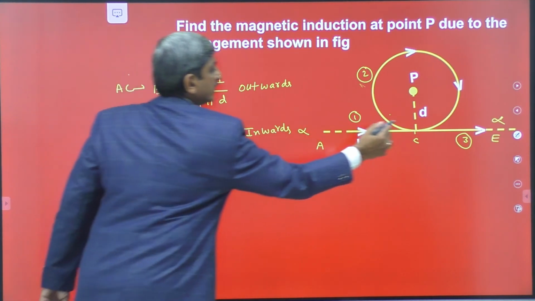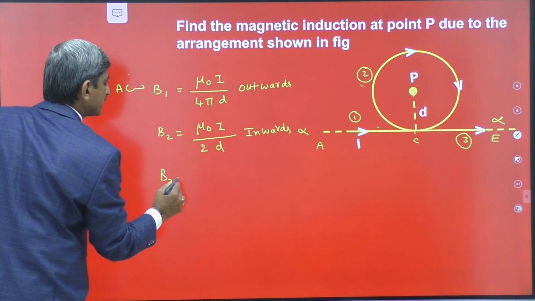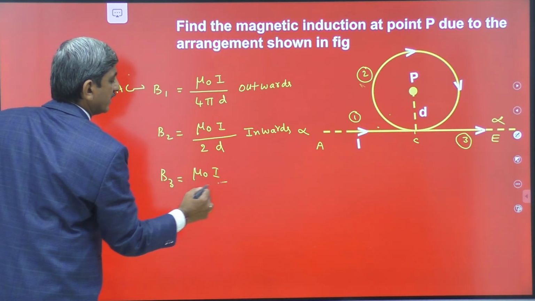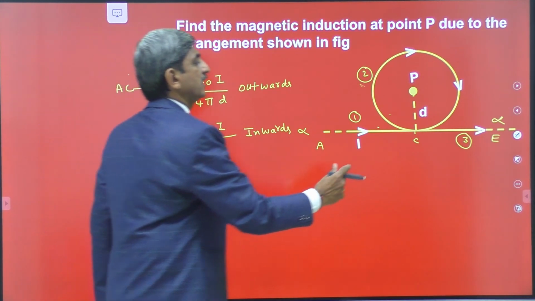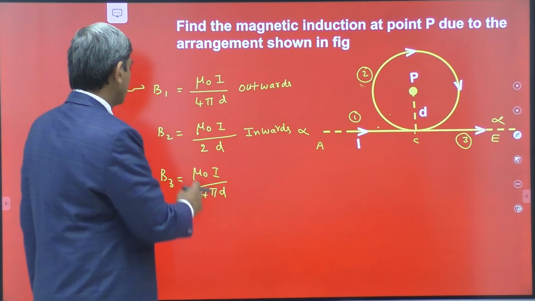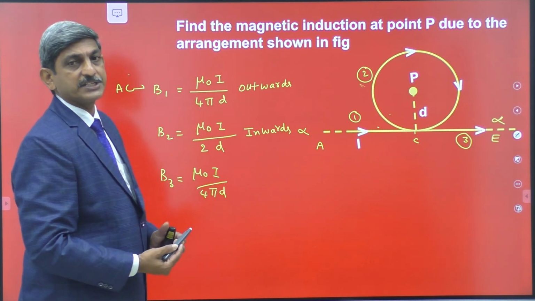And due to the third portion of the wire, the magnetic field is given by B3 is equal to mu naught I divided by 4 pi d. Why? Because here also the point is close to one end of the infinite wire. What is the direction?